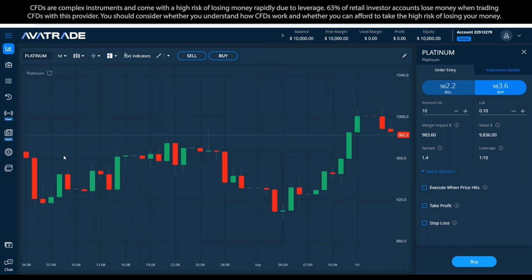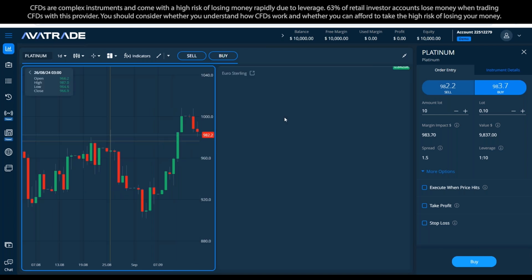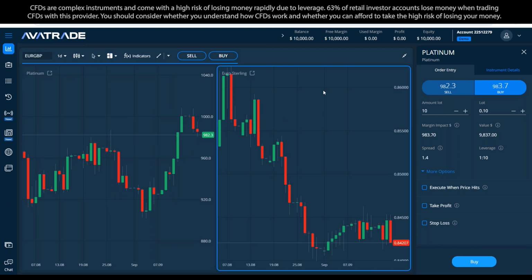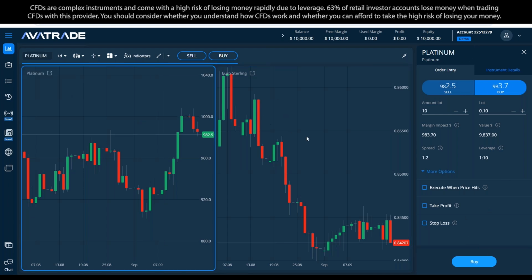Let's go back. It's important to know, guys, if you're splitting the screen like that, when you click on the chart, it doesn't change the order entry. So be careful when you're doing your analysis to click sell or buy to open the sidebar.